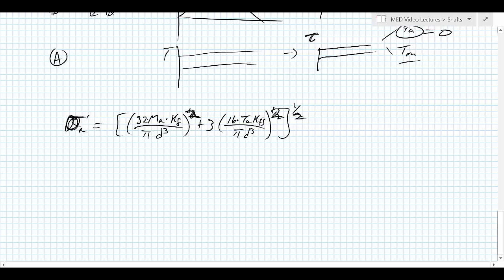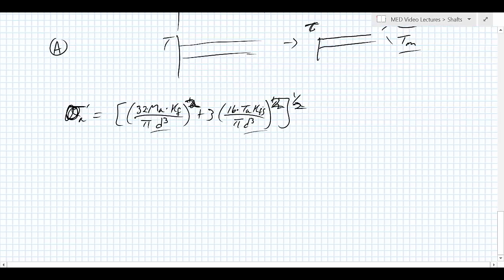So as I said before, oftentimes the amplitude portion of the torque is 0, and we only have the mean portion, and then the opposite will be true for the mean von Mises stress. We'll just have the torque and not the bending moment. But what you can see is that we can, using some geometry, basically solve these things for d.